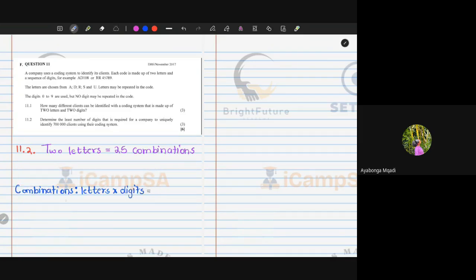So that equals the number of clients that can be accommodated or identified using their wording.